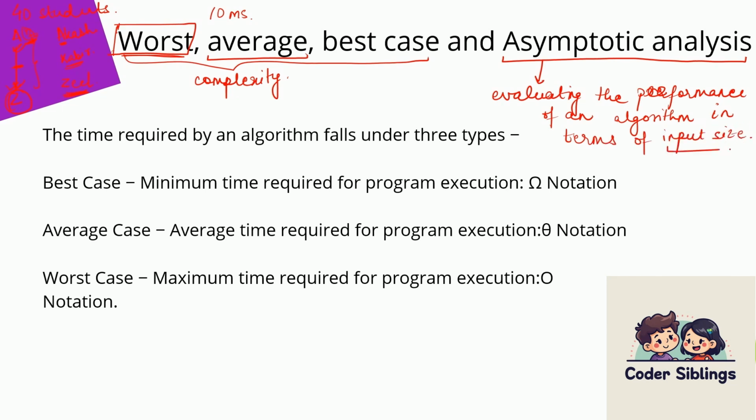And considering this input size only, we just discussed worst, average, and best cases, right? So we calculate how the time or space taken by an algorithm increases with respect to the input size given to it, right?